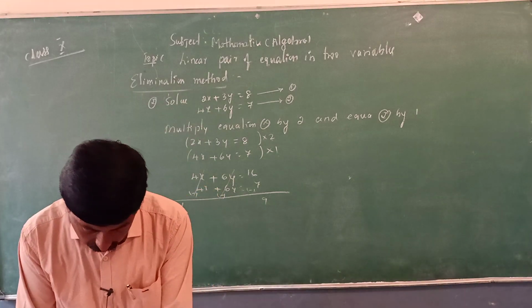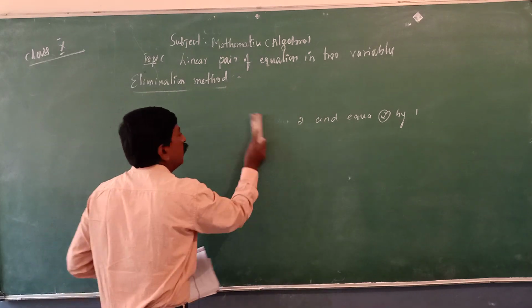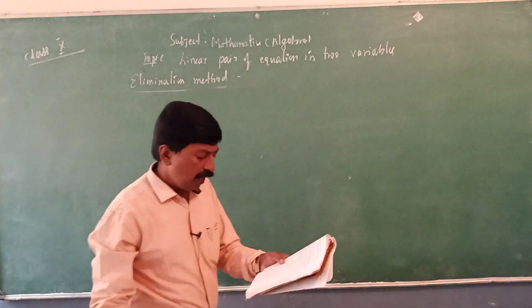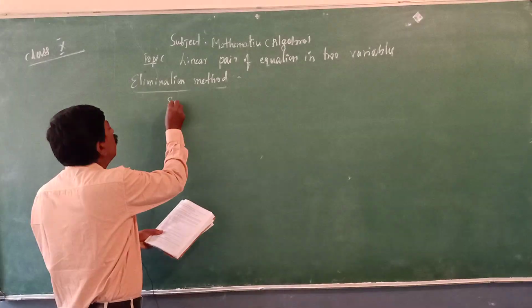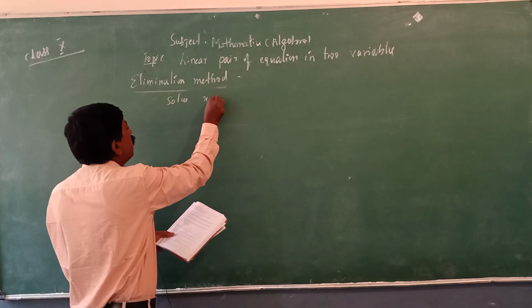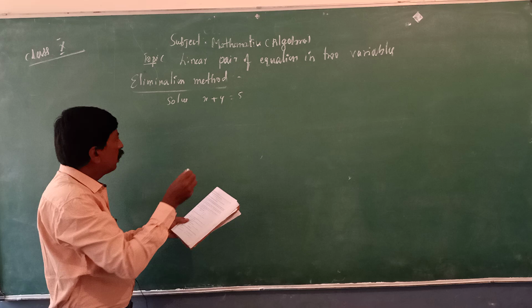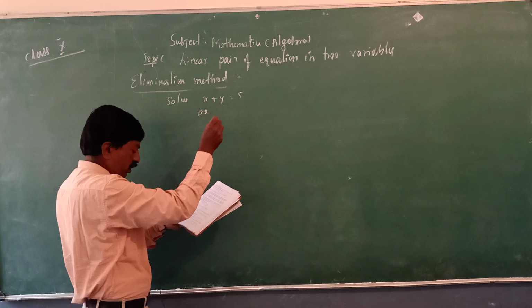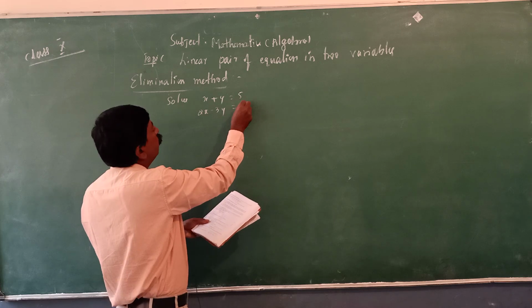Again you can take another problem. Now solve x plus y is equal to 5, 2x minus 3y is equal to 4.